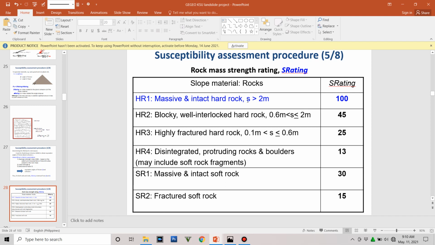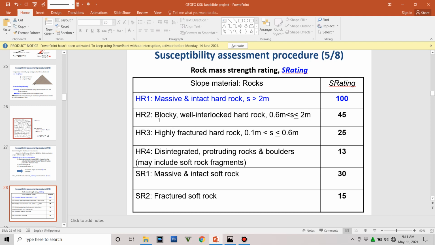S is the spacing of the discontinuities of the rock. If you see a crack, and there is another crack above or adjacent to it, and the spacing is greater than 2 meters, then there are not many cracks. So we will have a score of 100 for that. Remember that the higher the S rating, the higher the factor of safety, because the S rating is in the numerator of the factor of safety.